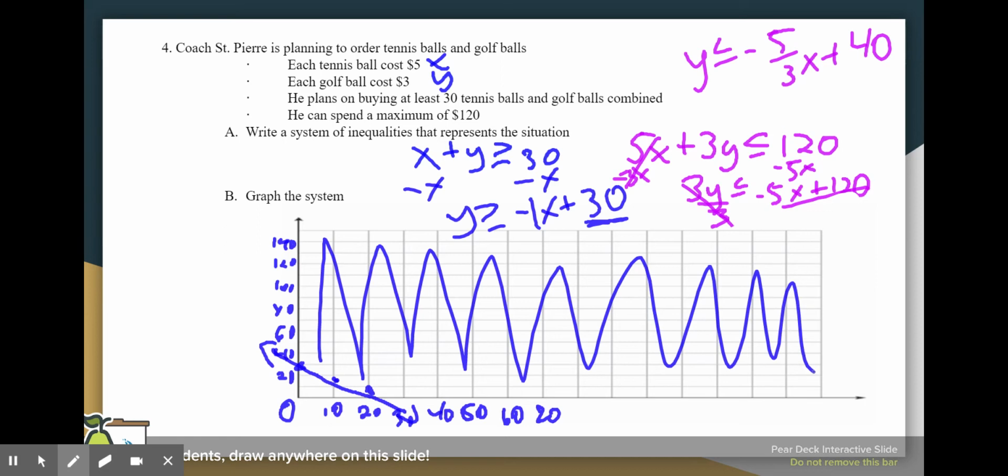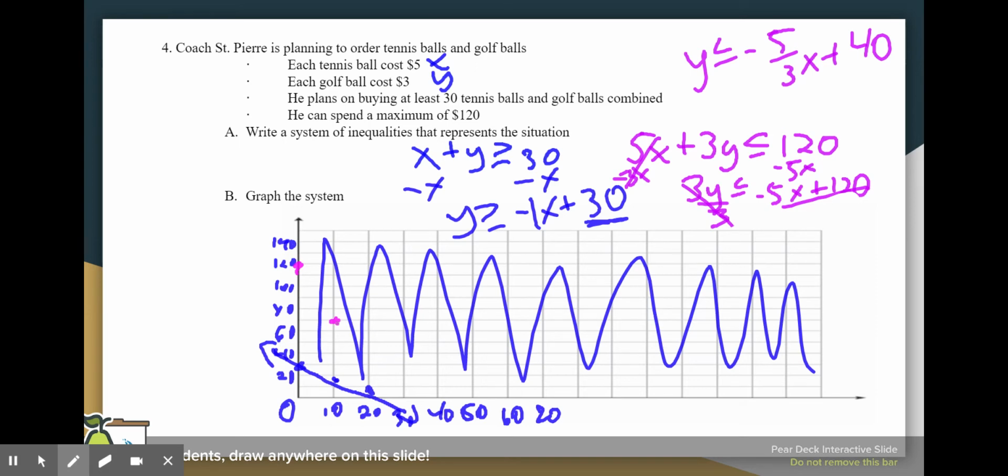All right. Then for the other equation, our y-intercept's at 120. That's up here. My slope's -5, so I go down 5 and over 1.